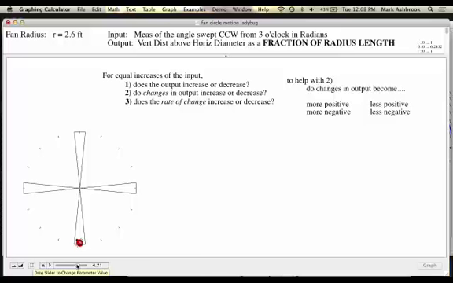We're going to specifically say that this output is the vertical distance above the horizontal diameter. So when we're below, it's negative. By saying above, we know that if it's positive, we're truly above, and if it's negative, then we're below. What is the value of the output quantity right here, the vertical distance above the horizontal diameter as a fraction of the radius length?